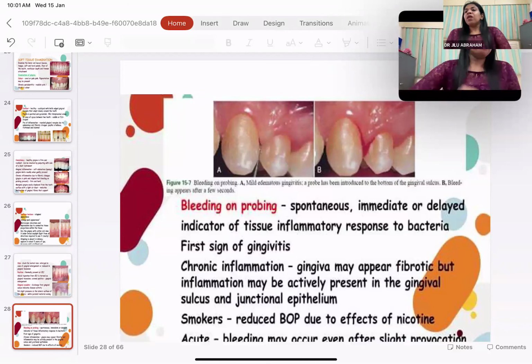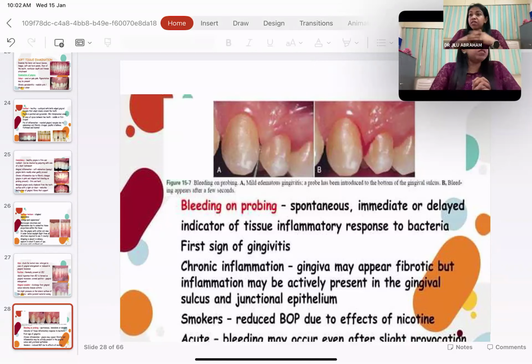Next, we have to check the bleeding on probing, and the method is known as running the probe. We have to run the probe through the gingival surface, wait for 30 seconds, and check for bleeding. That is also graded: grade 1, grade 2, grade 3. Grade 1 means mild pinpoint bleeding. Grade 2 is pinpoint bleeding that forms a line.